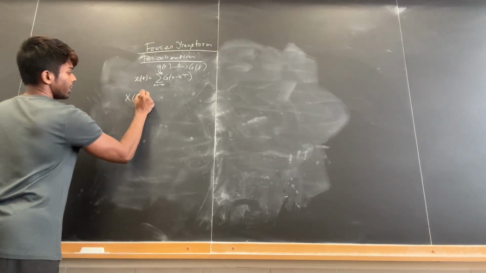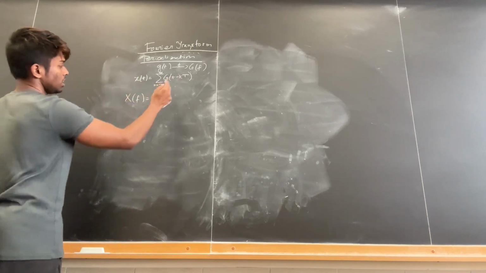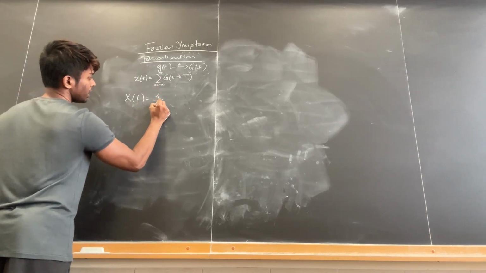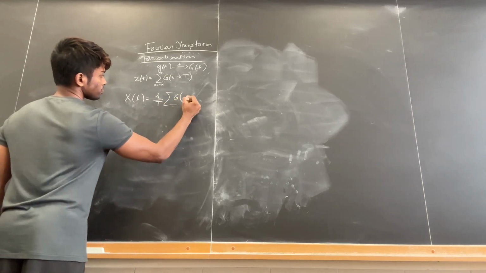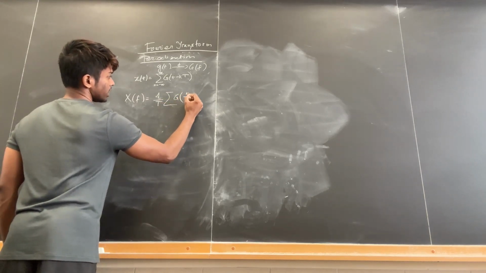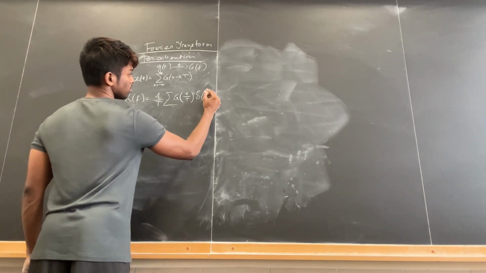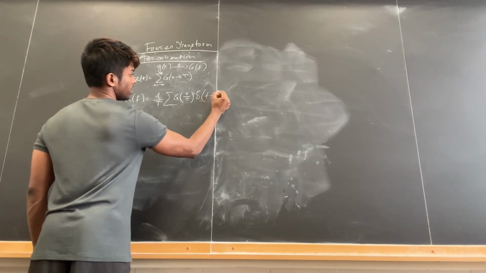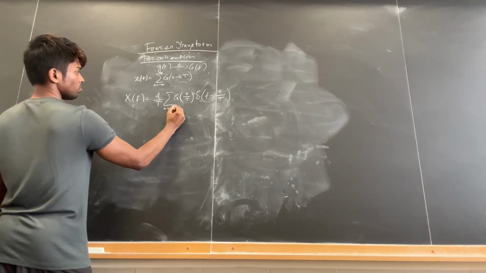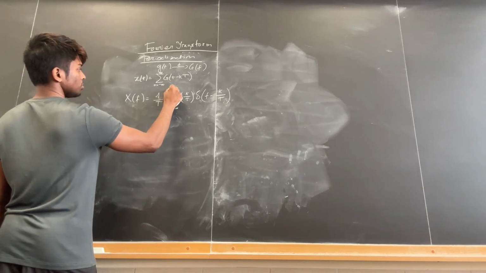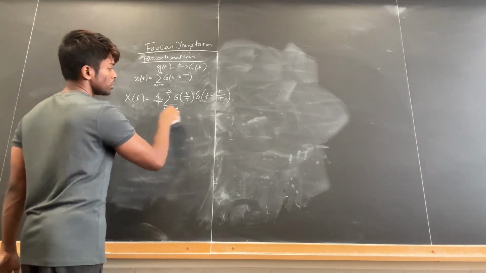X(f) is equal to, if we take the fundamental period as T, so the fundamental frequency should be 1 by T, the summation of G(k by T), that is at the harmonic frequencies, with the Dirac delta function delta(f minus k by T), k equal to minus infinity to plus infinity, or whatever the variation of k was. So this is basically the Fourier transform represented.